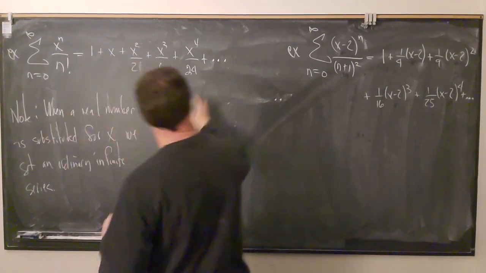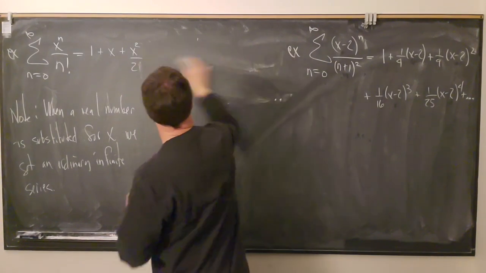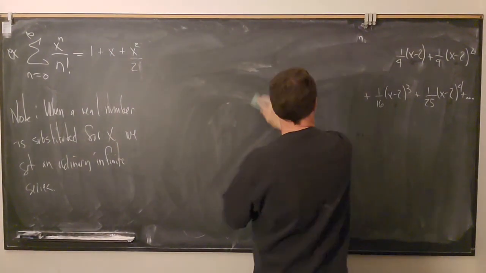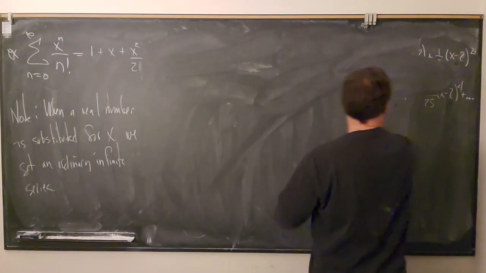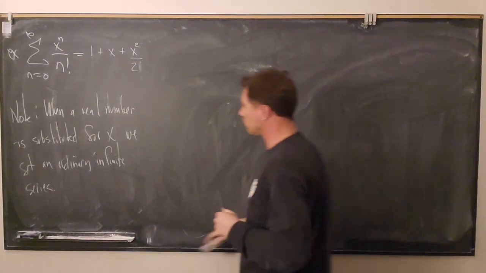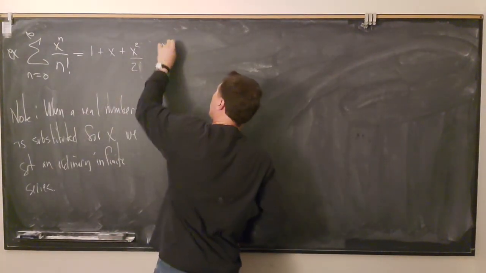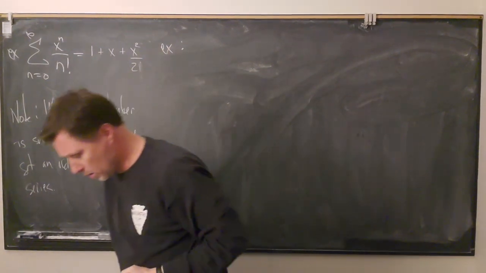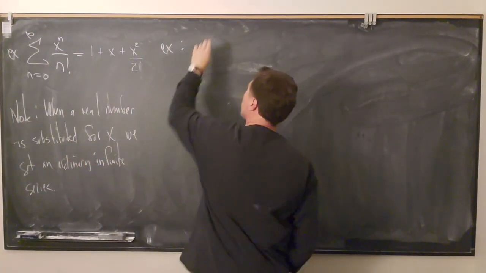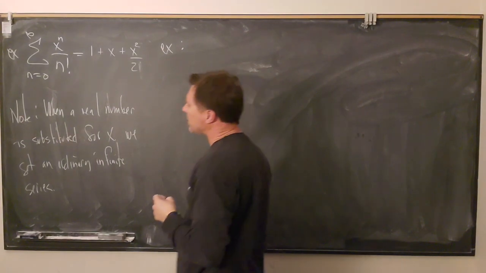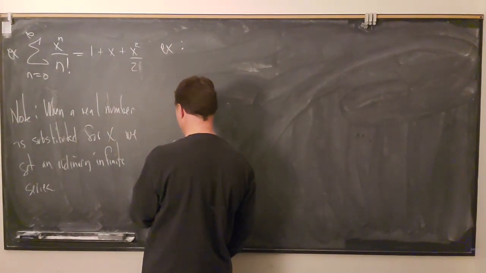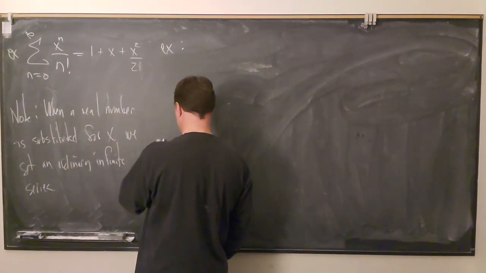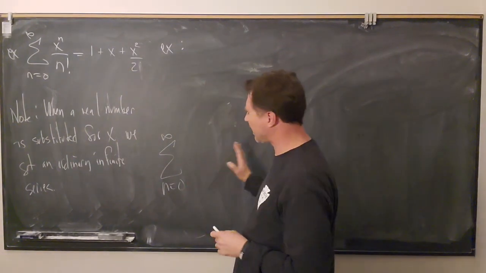So for example, let's look at this one. And by the way, when I wrote down the original definition of a power series, I had n equals 0 to infinity, just because I wanted to see the constant term there.